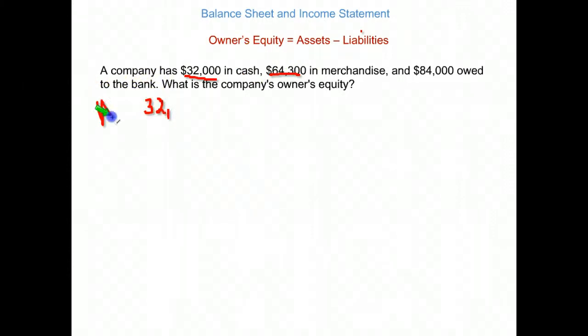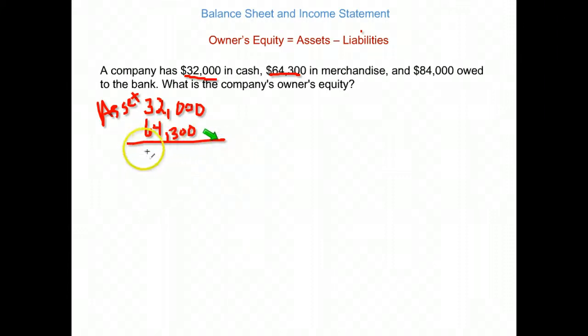So for assets, we need to put together those two values of 32,000 and 64,300. Okay, so in assets I have $96,300.